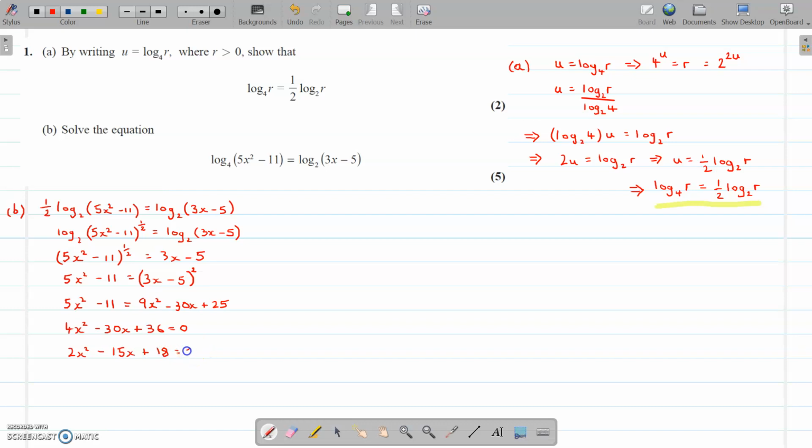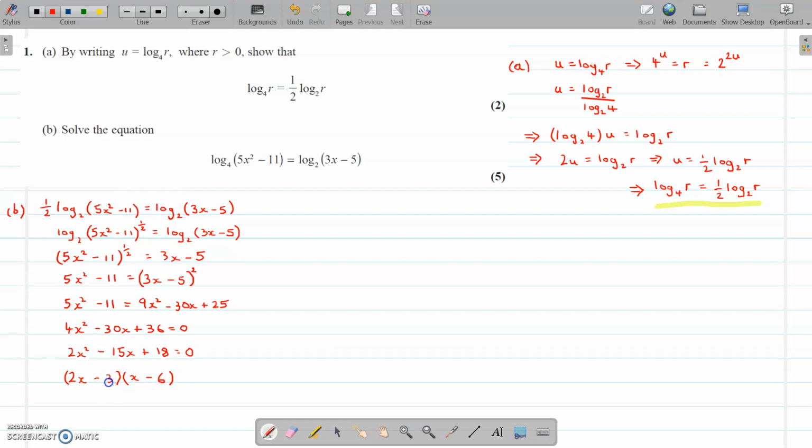Okay, now if it factorizes, there's going to be a 2x and an x. And a little bit of inspection of that will show that it does work. Okay, so it's going to begin like that. And the 18 is going to become from a minus 6 and a minus 3.